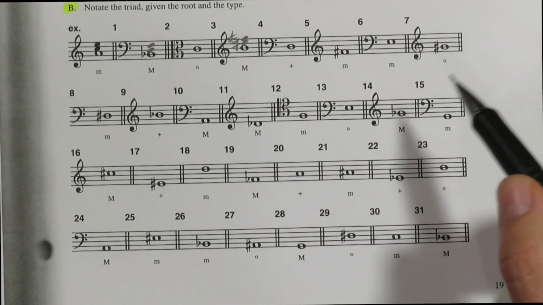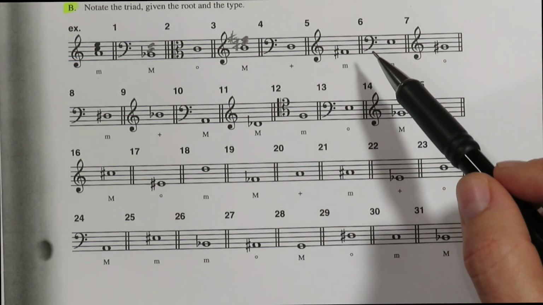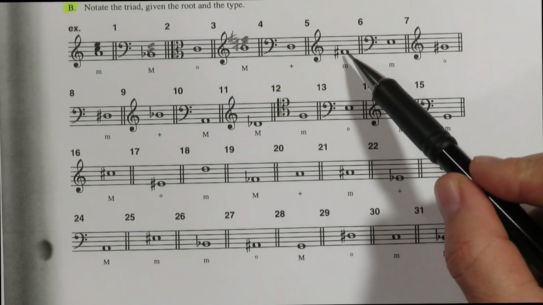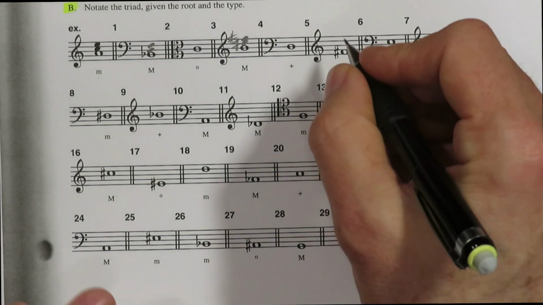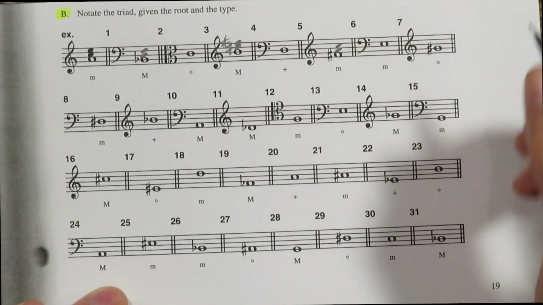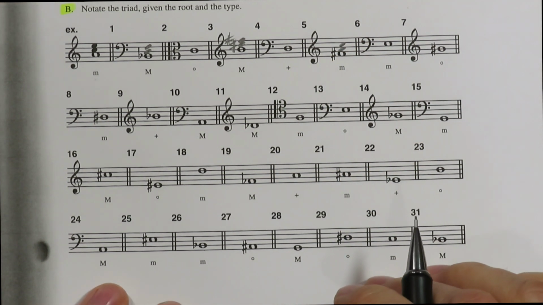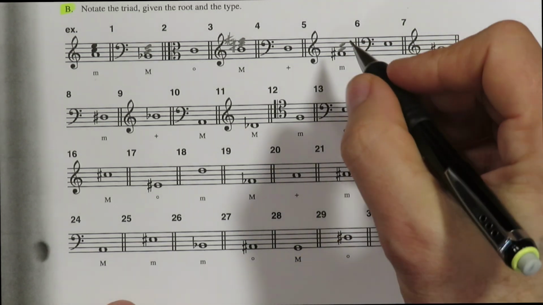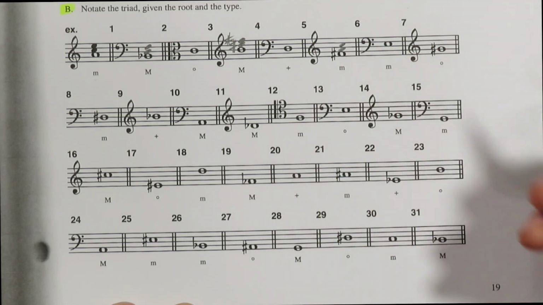Okay, so here we go, number 5. We have F sharp minor. Let's stack it up, F, A, C. Okay, so we know F to A is a major third, right?